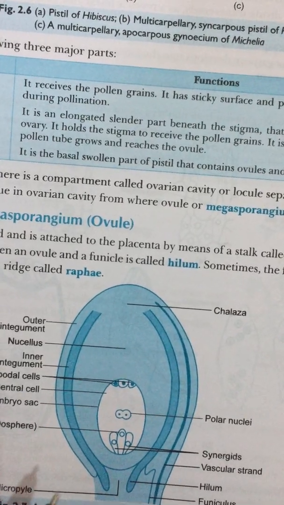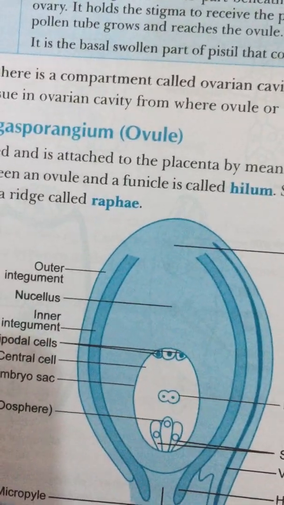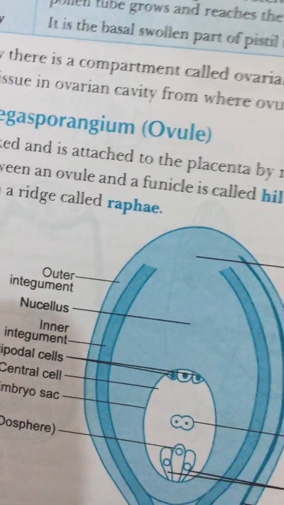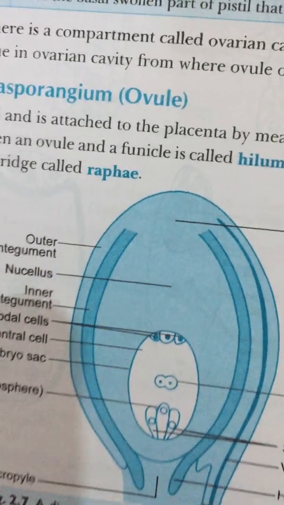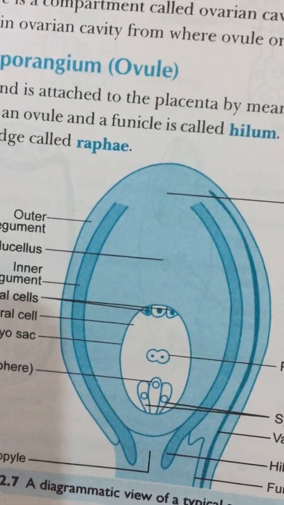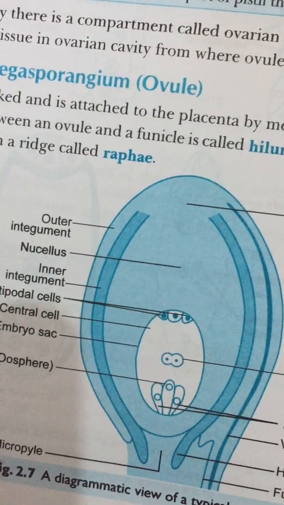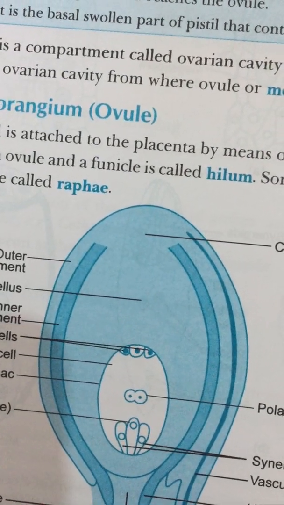It is the basic female gametophyte, and an ovule generally has a single embryo sac formed from a megaspore through reduction division. Reduction division means meiotic division. So the process of formation of megaspores from megaspore mother cell is called megasporogenesis.